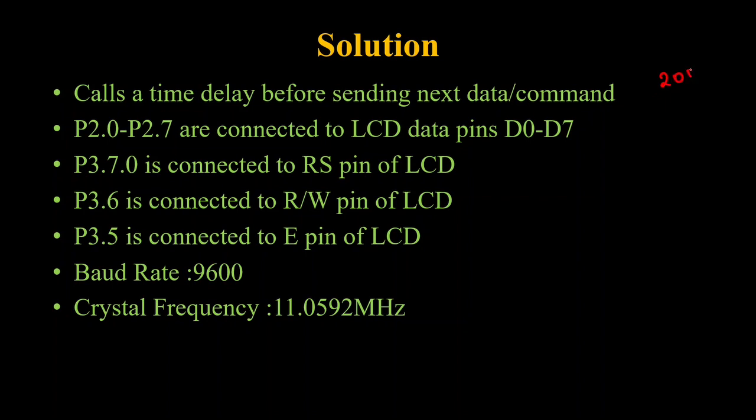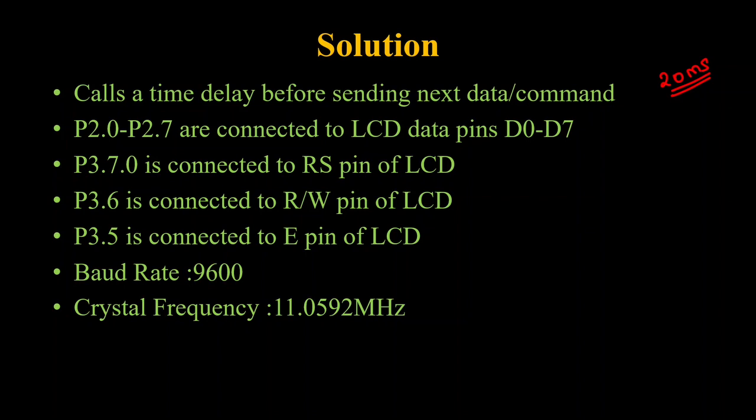Create the delay so that the LCD takes some time and makes its own display, right? It's not exactly 20 milliseconds. You can try with some less or more timing also, to see whether it makes the display or not.